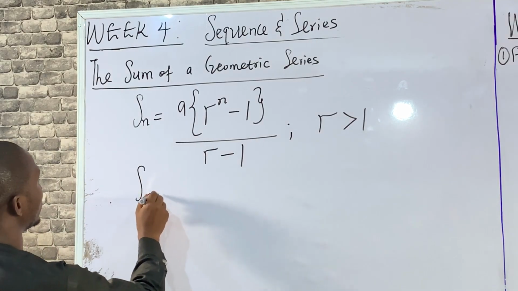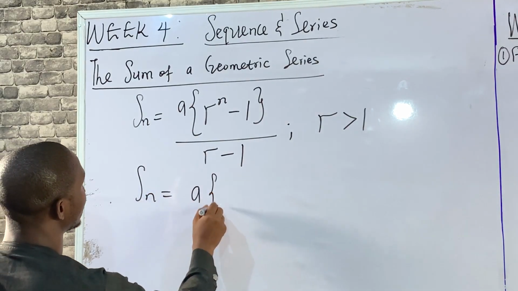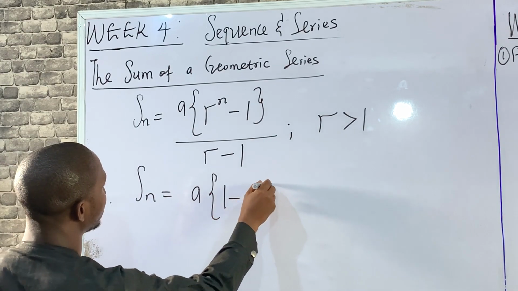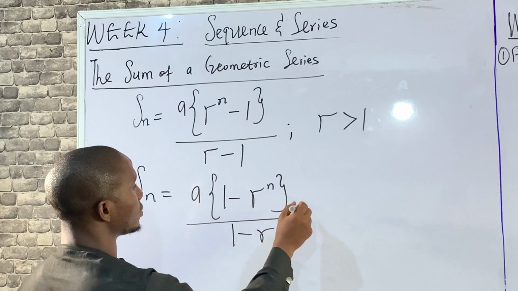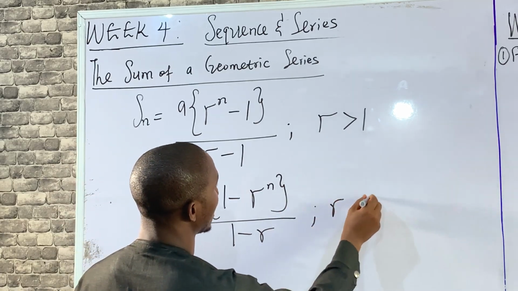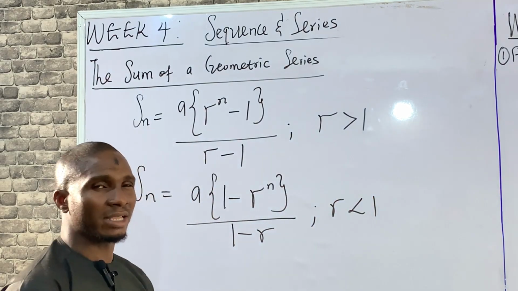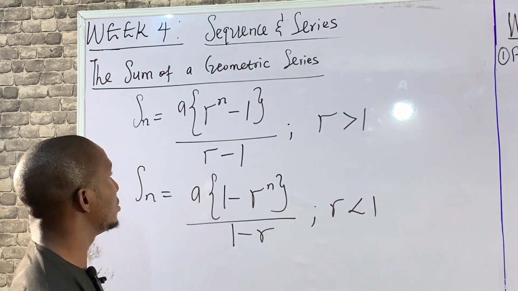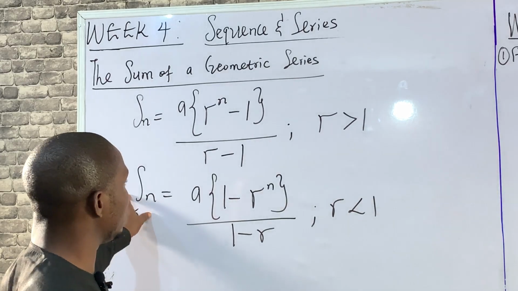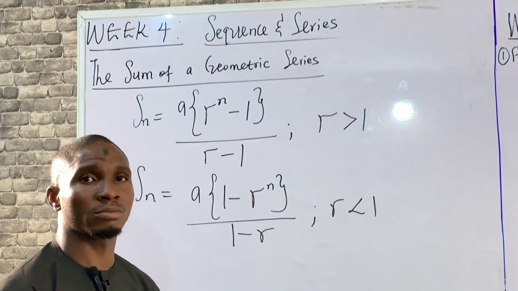This formula can also be written as a into bracket 1 minus r raised to power n, divided by 1 minus r. This is when your r is less than 1. Where your a is still your first term, your r is still your common ratio, and so on, while your Sn is your sum of the GP.